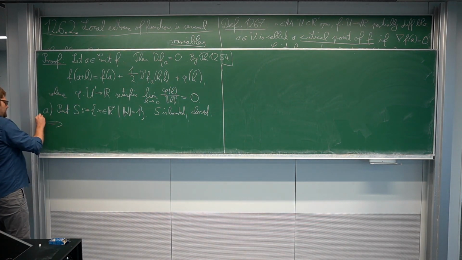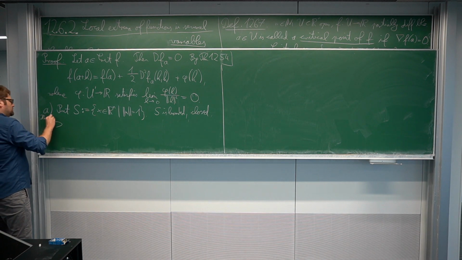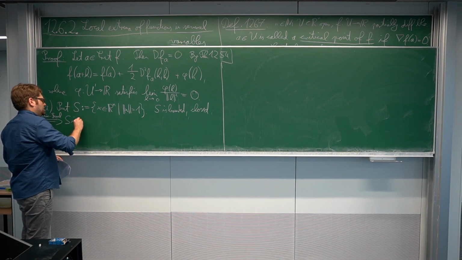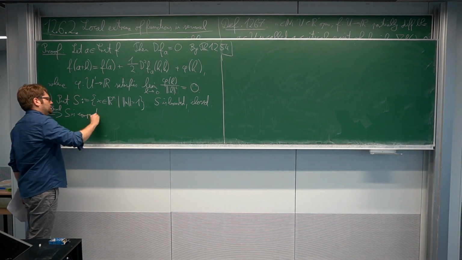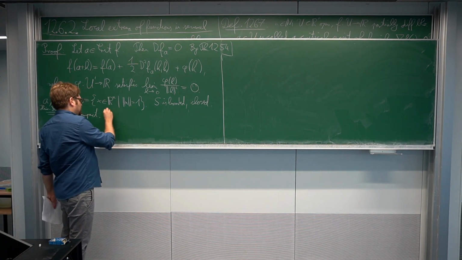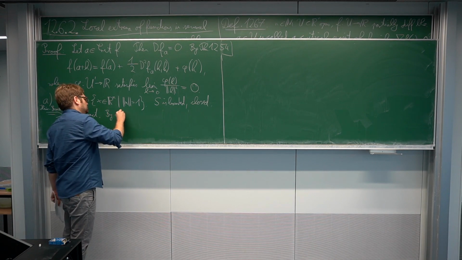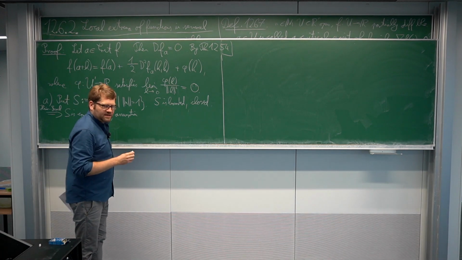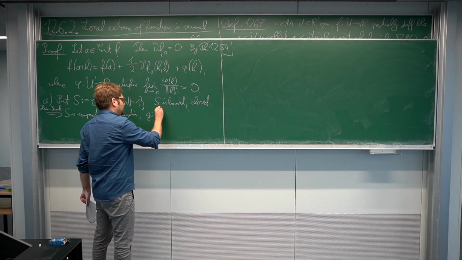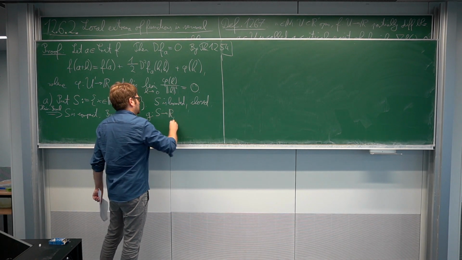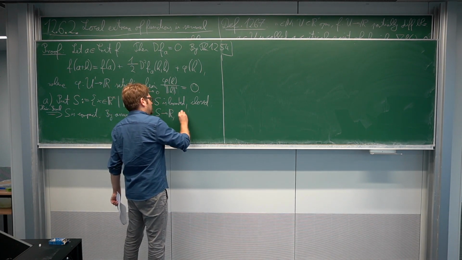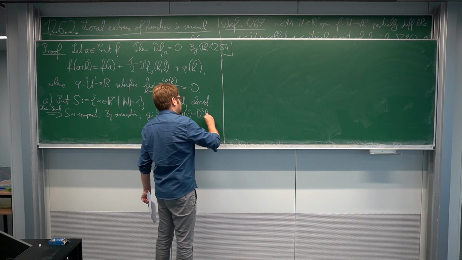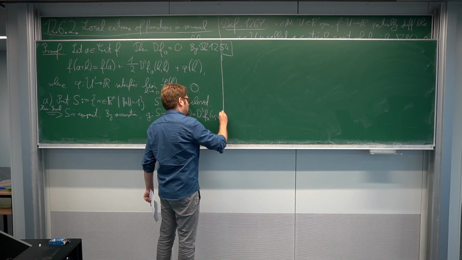So S is compact. By assumption, and here we use the property that f is twice continuously differentiable, the following map g from S to R, which just takes some element v of this unit sphere to the second differential of f in a of v, comma v.